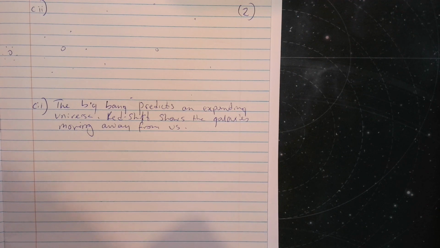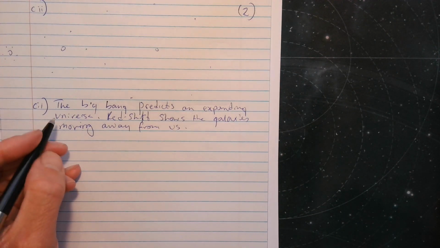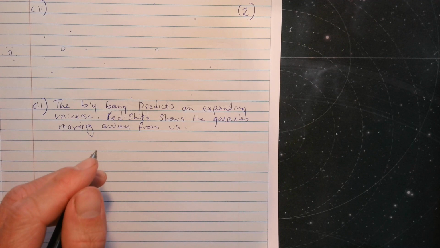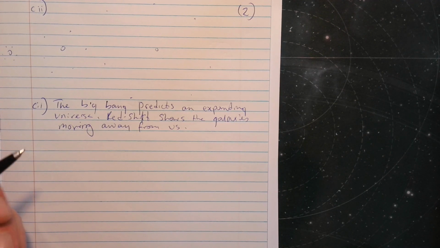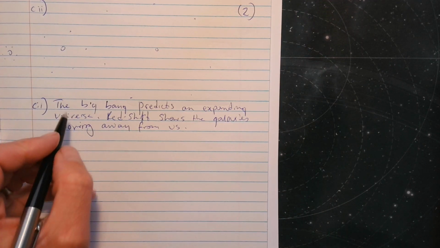But also worth noting, or another point could be for a different mark, that the further away they are, the faster their speed is. Again, think about this. If we all start in one place, the stuff that's further away must be moving faster.